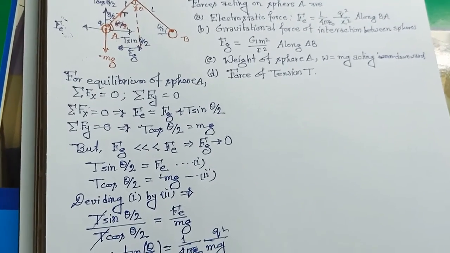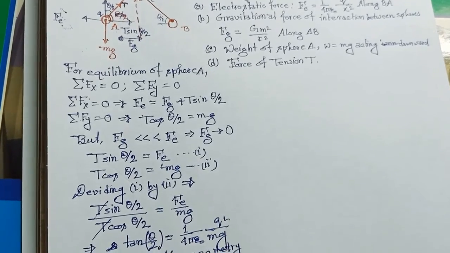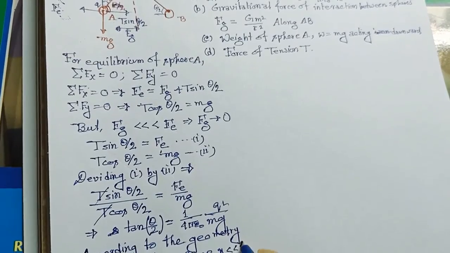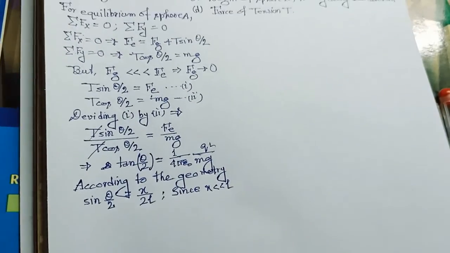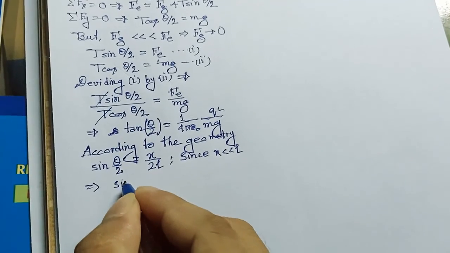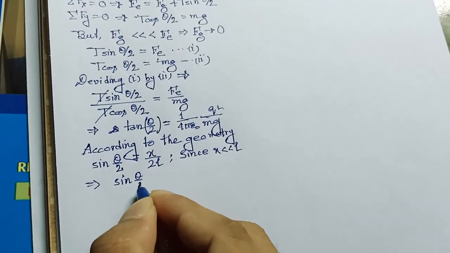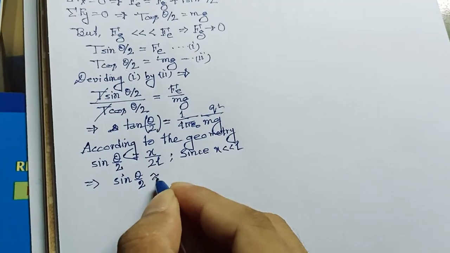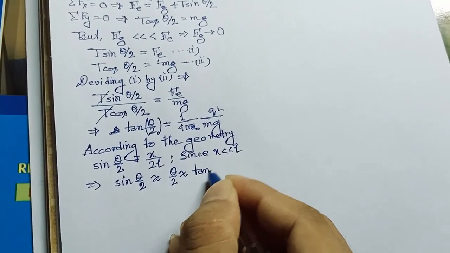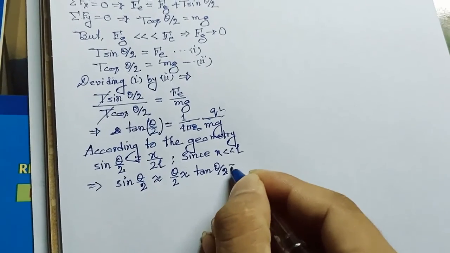Or, since x is much less than L, we can write here sin(theta/2) will be approximately equal to theta/2, which is again approximately equal to tan(theta/2), equal to x divided by 2l.